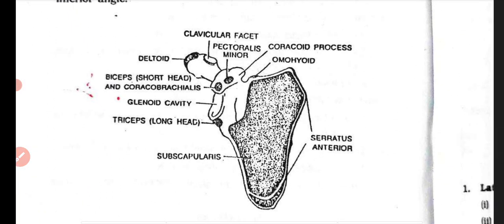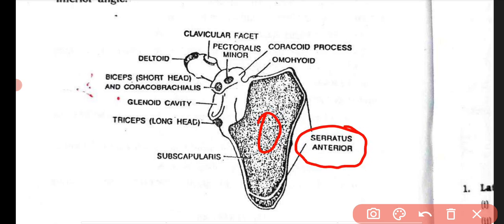You can see the strong rounded ridge here, near the border. It is separated from the subscapularis muscle, and it helps the serratus anterior muscle to rotate the scapula. Okay.